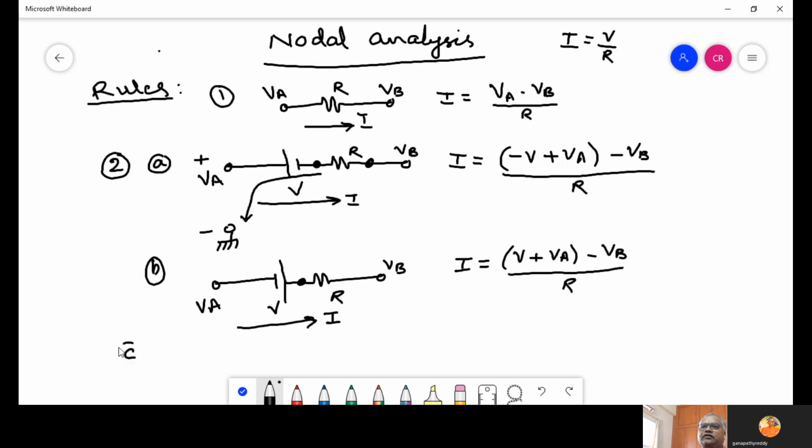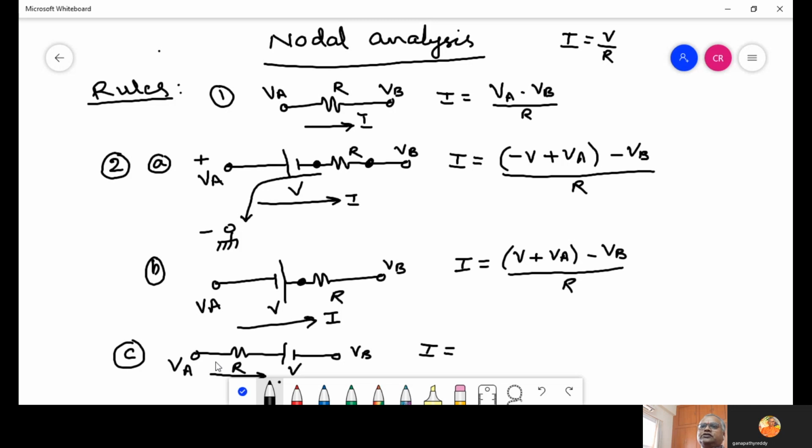What is C? Here, first source then resistor, it can be reversed: first resistor followed by source. Now this we have to find. Again, what is the expression? I equal to, same rule.